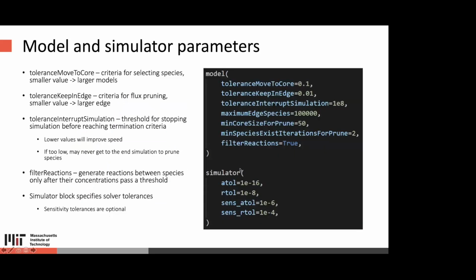And for the filter reactions here, that means you will generate reactions between species only after their concentration has passed a threshold. And for the reactor filter reactions, I believe we have 3 arrays. The first one is the unimolecular, and then we also have the bimolecular, and for the bimolecular as well.